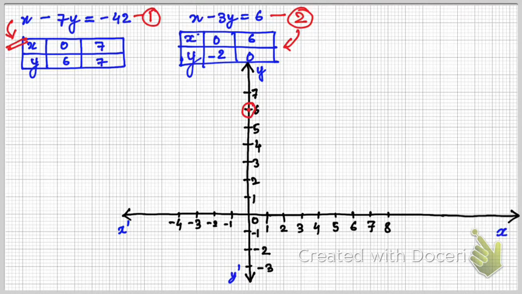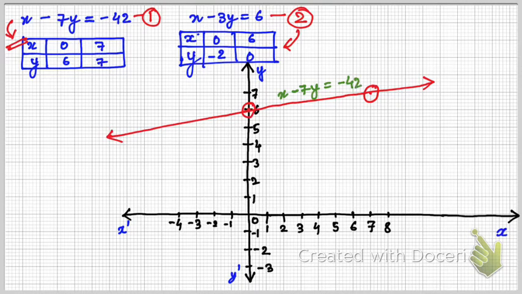Now we have also got 7, 7. So from x-axis it's 7 and from y-axis also 7. So we have got the point somewhere here, right? So now we will join these 2 points. We will get the graph like this. So the equation for this line is x minus 7y is equal to minus 42.